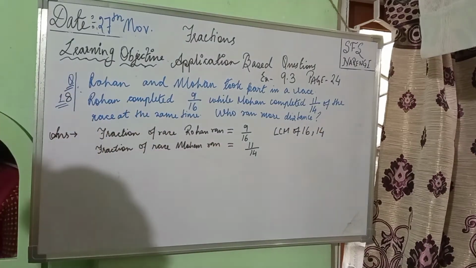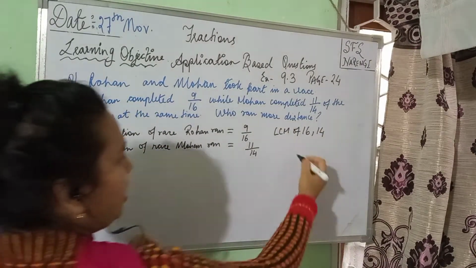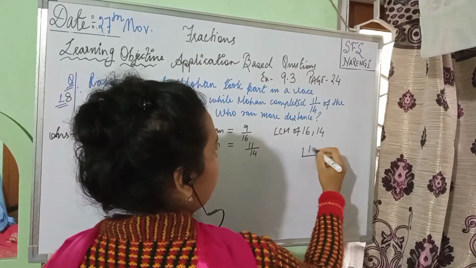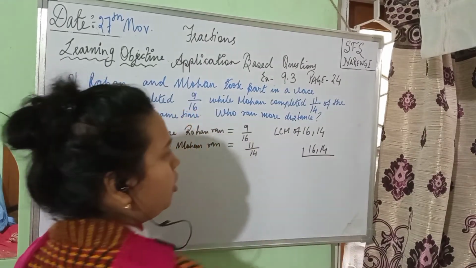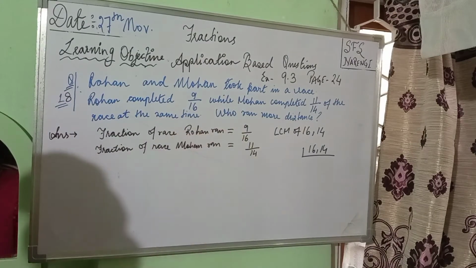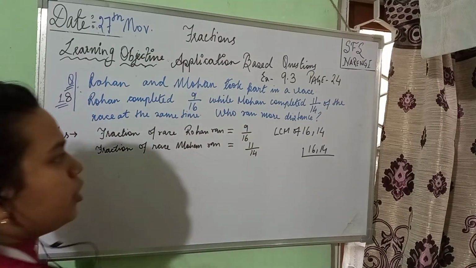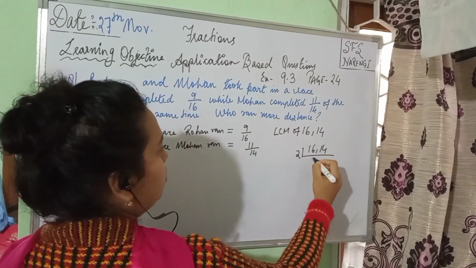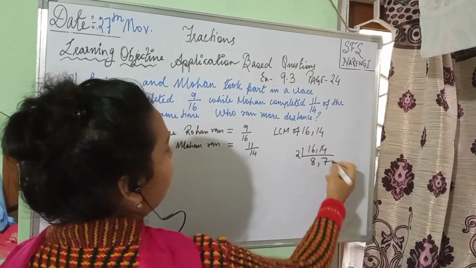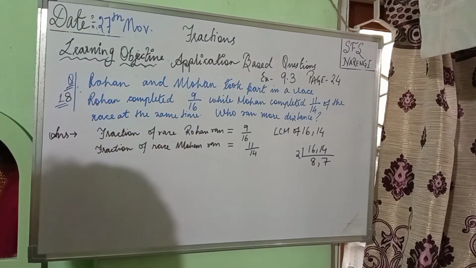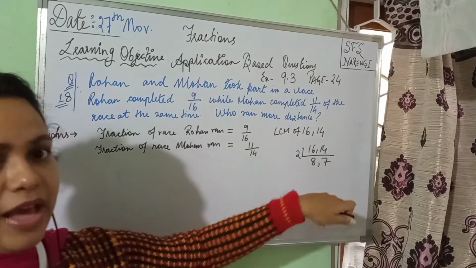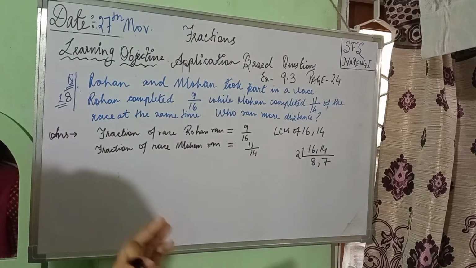Now 16 and 14 are not very familiar terms, right? So you have to take prime factorization. They are both even numbers, so you can divide by 2. 2 8s are 16, 2 7s are 14. Now see children, 8 and 7, do they have any common terms between them? They do not.